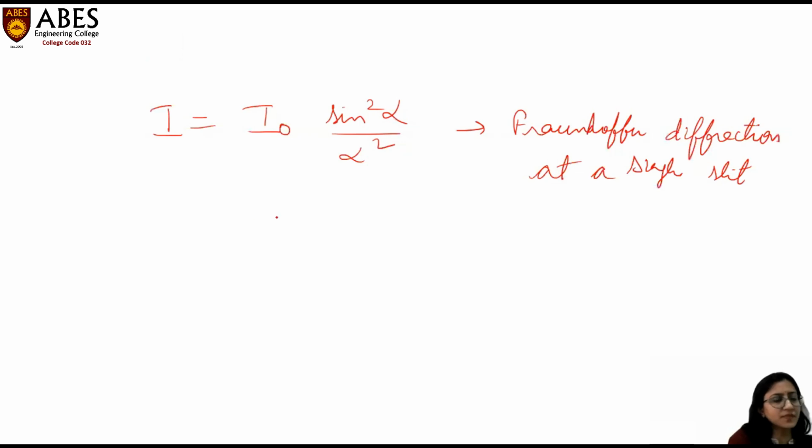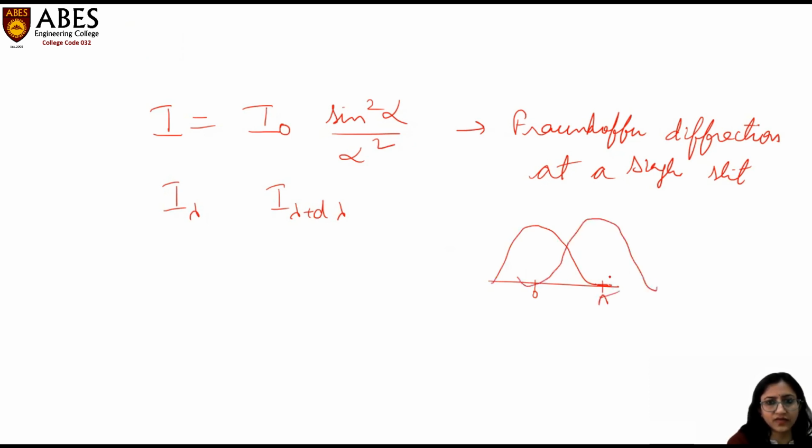This type of intensity pattern we can observe for both lights, for light with wavelength lambda as well as light with wavelength lambda plus d lambda. This is the point of maximum at 0, and the minimum is at pi. For the other case we have this expression, so the dip point will be somewhere between 0 and pi.